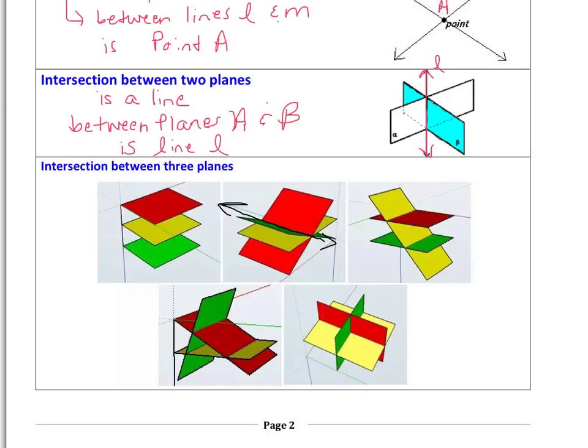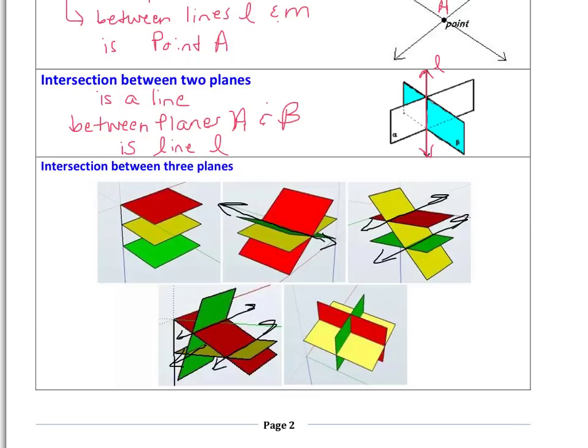Or you can have here to the right one plane coming down here and the other two are only intersecting it, not together. They're in different locations. Same thing with down here, where in this case two lines are created. Here, 1, 2. In this case we have, I believe, 3 lines created. This one going in here, and this one going here.